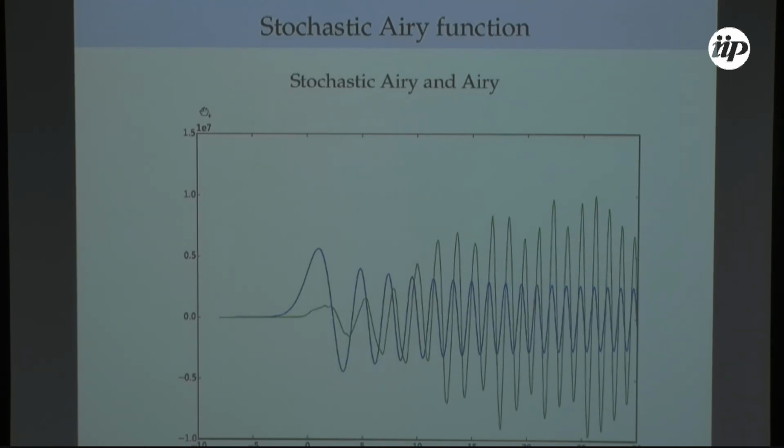And you need to make sure that you match boundary conditions of it, which is the hardest thing to do with it. Here I've drawn a rendering of it. Now this is going the opposite direction that the Airy function usually goes. Blue is the Airy function, and green is the stochastic Airy function.